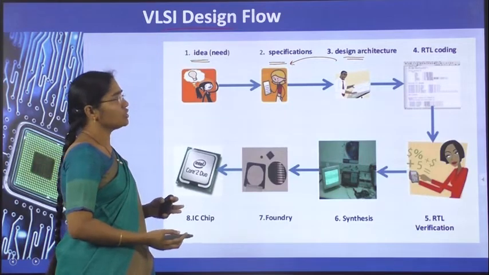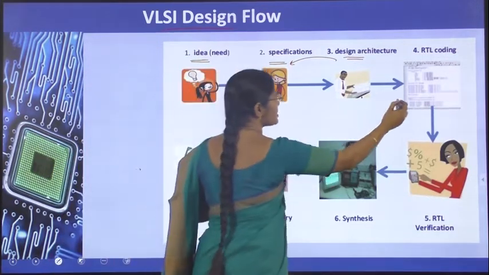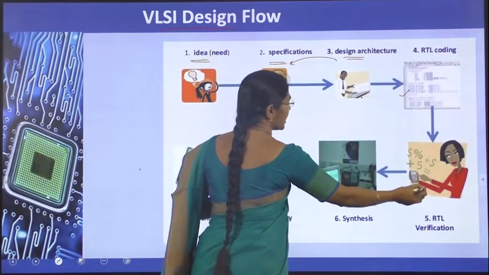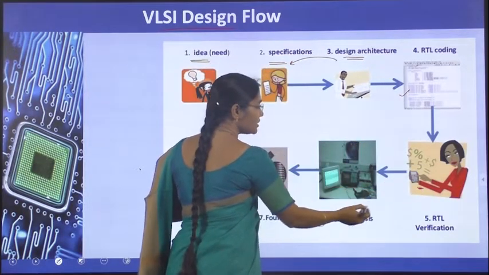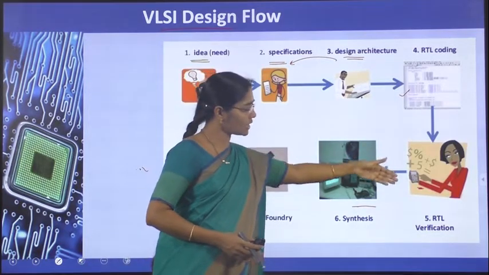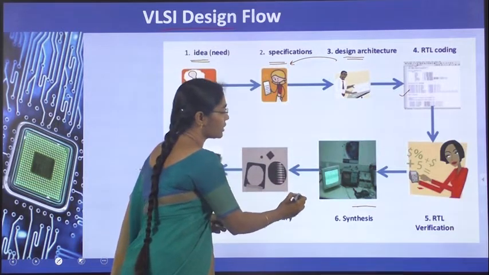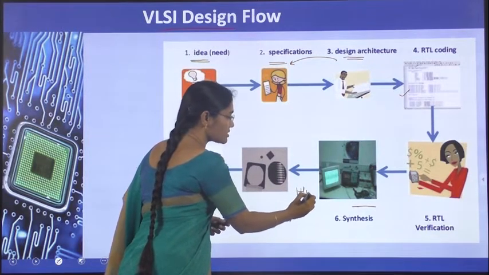Then those architectures are verified and captured using RTL coding, then simulation and then synthesis. So by using this RTL coding, verification and synthesis, we get a hardware circuit, a hardware netlist.